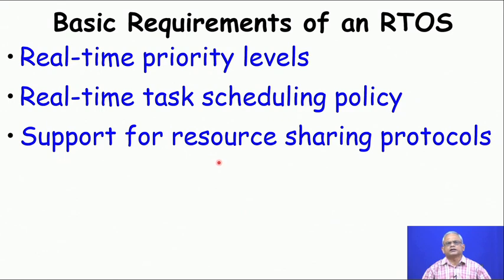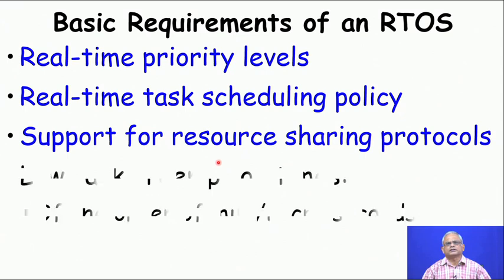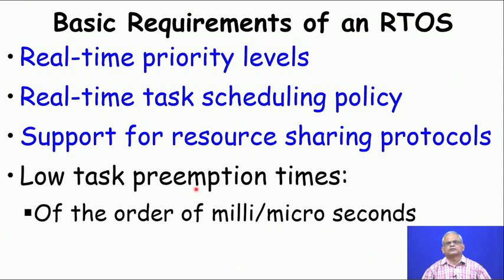Protocols such as the priority ceiling protocol, or at least the basic priority inheritance scheme, should be supported by the operating system to be able to develop any non-trivial real time application. Also, the preemption time of tasks should be of the order of microseconds or maybe milliseconds, but it should not be seconds, because in any real time application the response time itself is only a few milliseconds.